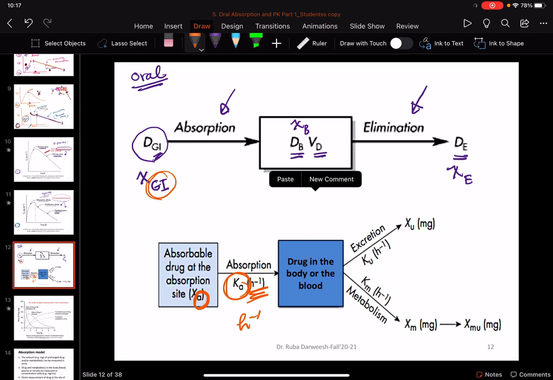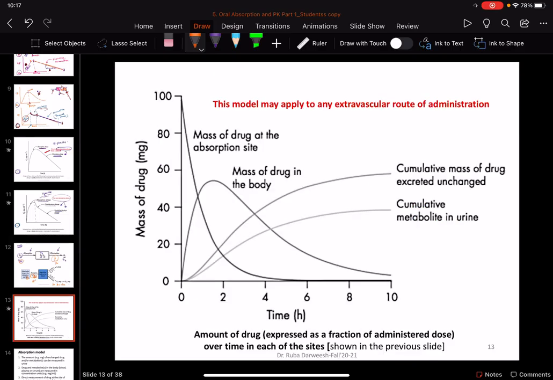The elimination, if we are talking about the first order elimination rate constant, again, it will be 1 per hour, and it will be the sum of what is related to excretion plus what is related to metabolism. And you know this by now. We will talk about the details of this when we are talking about this in kinetic terms.